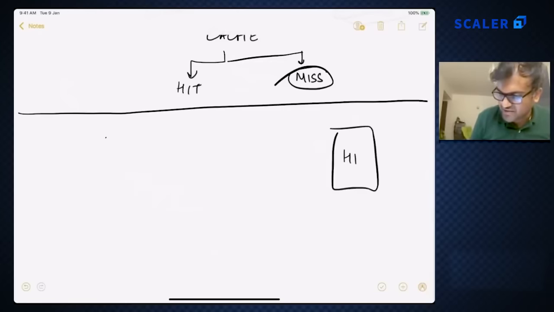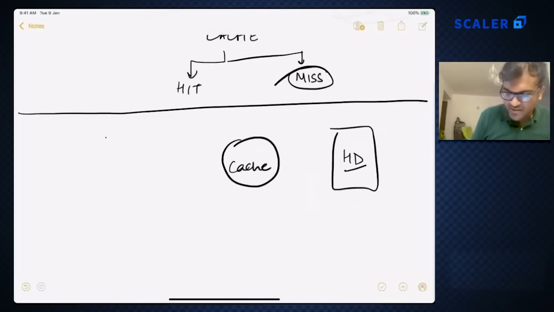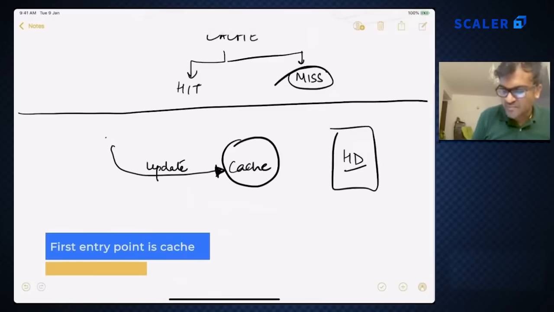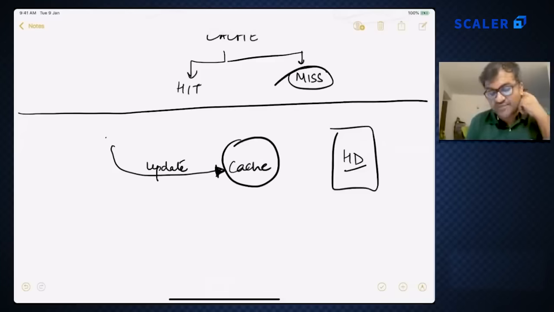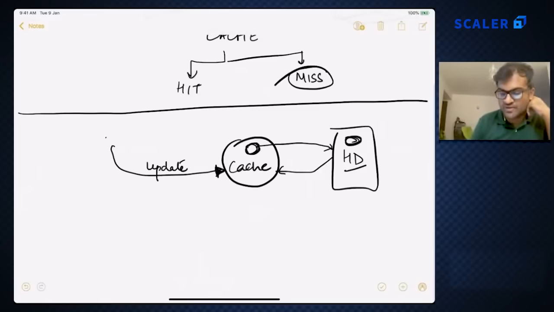Imagine this is my hard disk storage, and here is the cache. Whenever this update operation comes, it goes through the cache. So first I check, is this entry present in the cache, is my profile cached? If it is cached, then I first update the entry in the cache, and then I update the entry in the hard disk. And only when both of them have been updated, only then I return success.